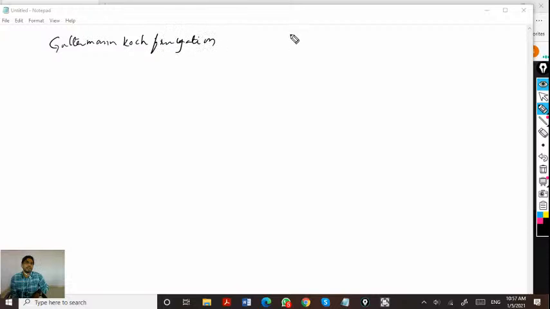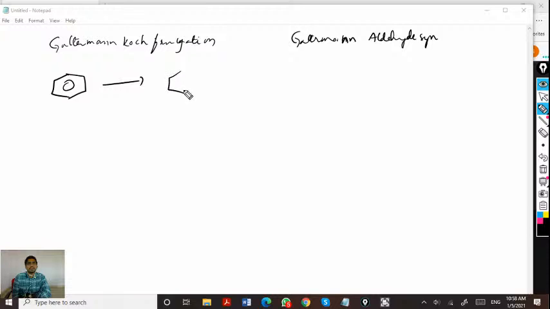It can be compared with Gattermann aldehyde synthesis. Gattermann-Koch formylation is on benzene to result in formylation. What is formylation? Addition of the formyl group.